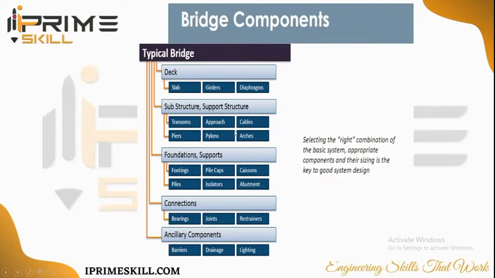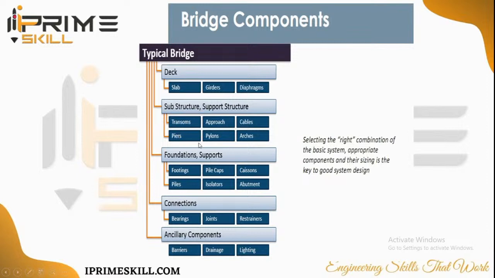Now we have the bridge components. What are the bridge components that we saw in the previous slides? There was a deck. The deck is a combination of slabs, girders, and diaphragms. Then there was a substructure where you have different types of supports.